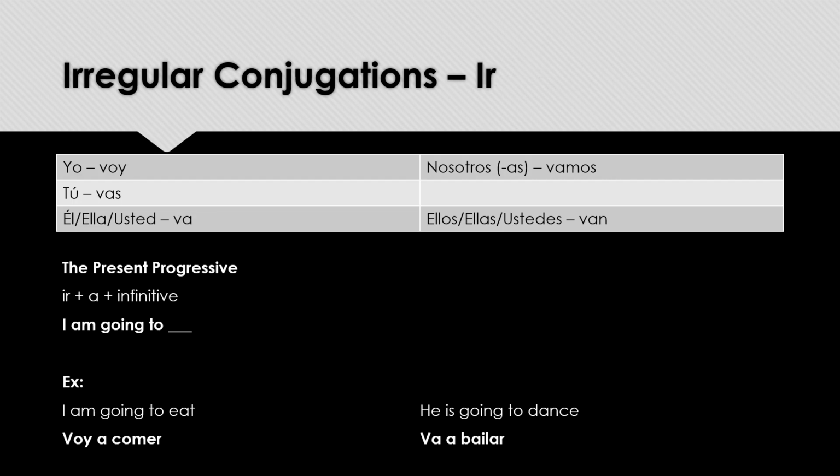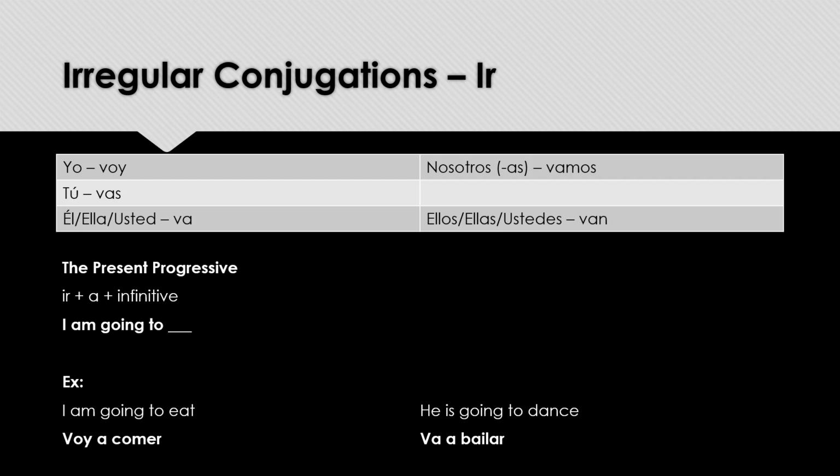Another important irregular is ir, which means to go. This irregular changes a lot. As you can see, the conjugations are voy, vas, va, vamos, and van. Something important about this verb is that it can be used to say I go with voy, or it can be used to form the present progressive. The present progressive is the I'm going to do something form in English.